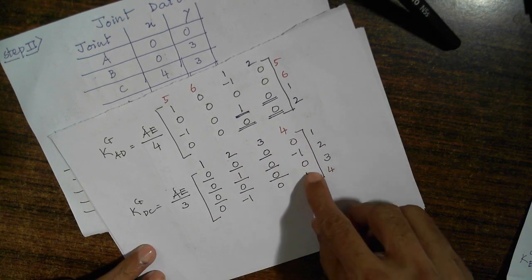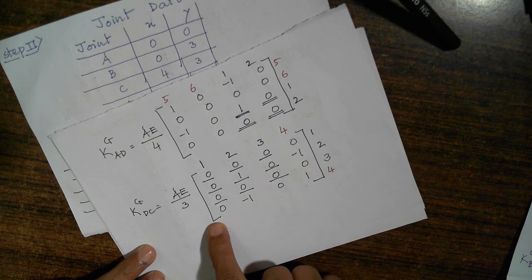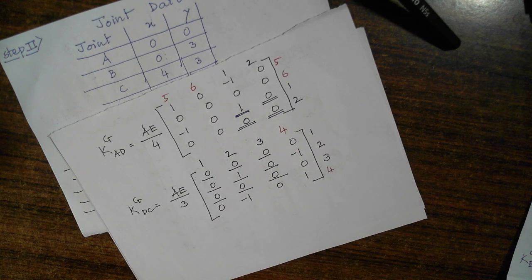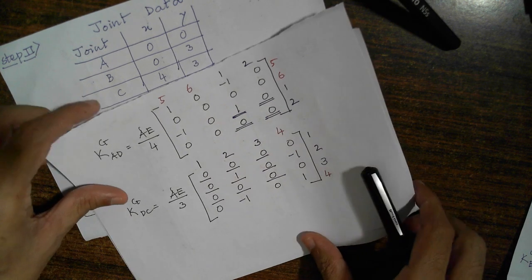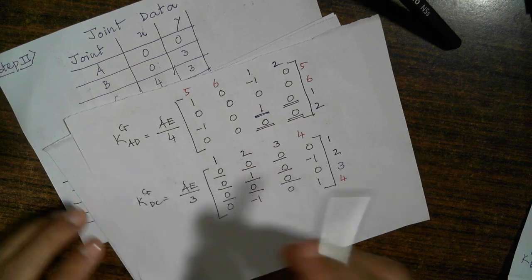This 4th column does not exist, this 4th row does not exist, and that is why I can neglect the element in the 4th column and 4th row as far as writing the global stiffness matrix for the structure as a whole is concerned.